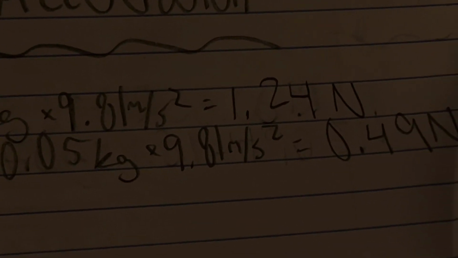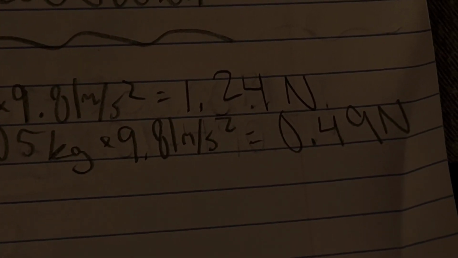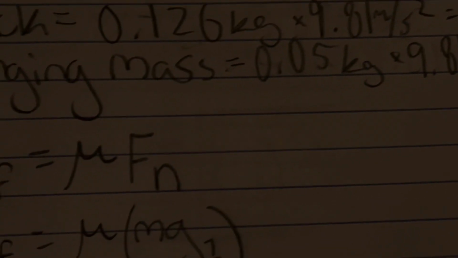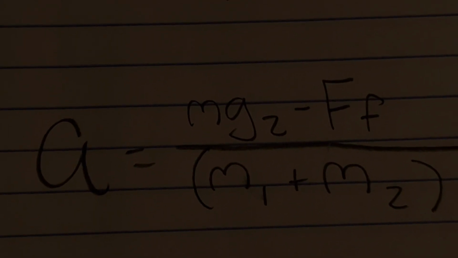So first we converted the masses of the block and the hanging mass to newtons by multiplying them both by 9.81. And next we have to find the force of friction as shown in the final equation.